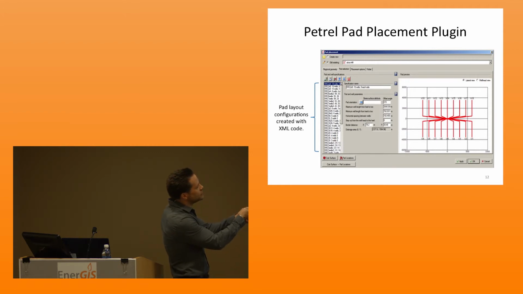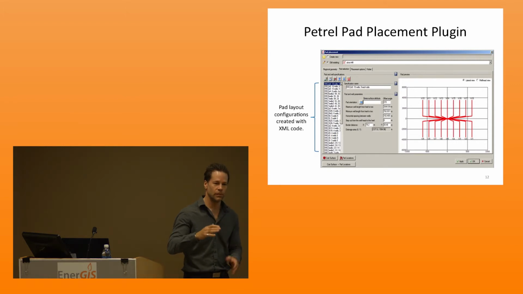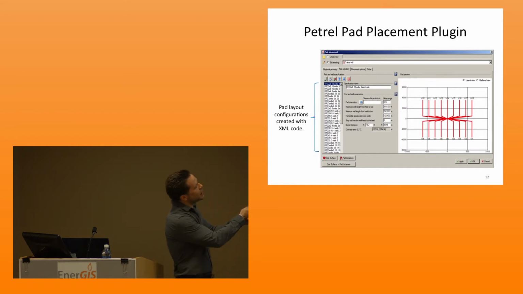For each one of these pad configurations, you define your maximum and minimum well lengths, your step outs, and the azimuth that you want the wells to be laid in. Each one of these pad configurations can be customized. They're editable individually, or you can apply those parameters to the whole thing.